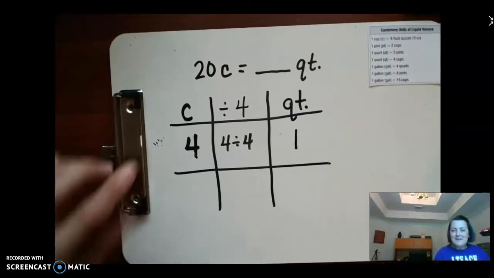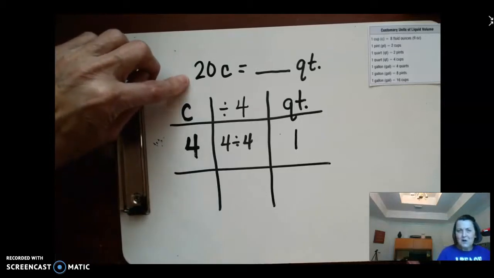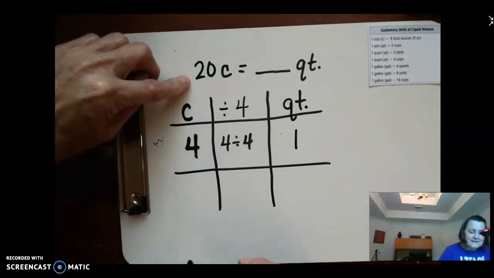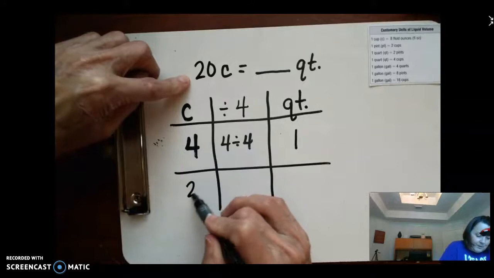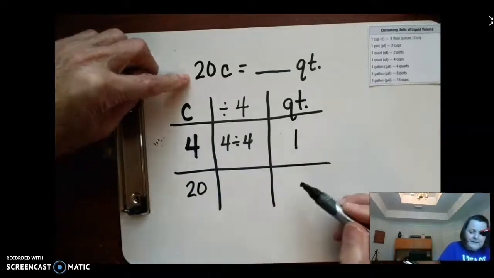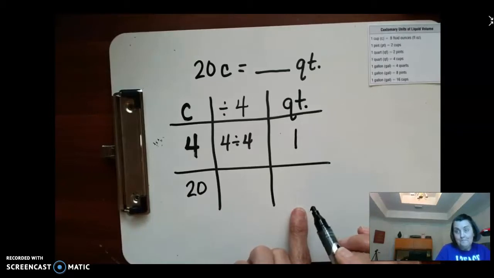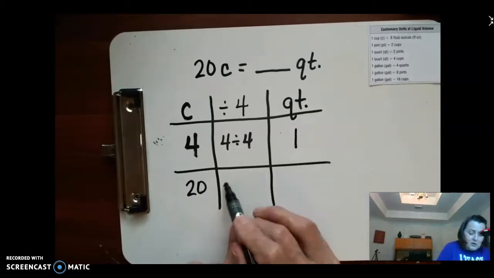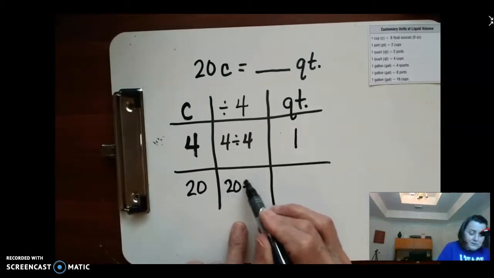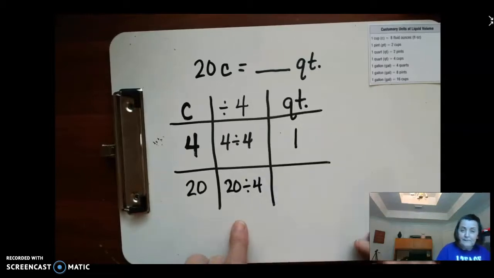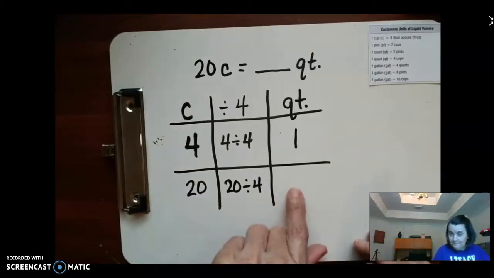So now we're ready to put this in the right column. So it goes in the cup column. And we don't know what goes here. But we do know that our expression is 20 divided by 4 equals blank.